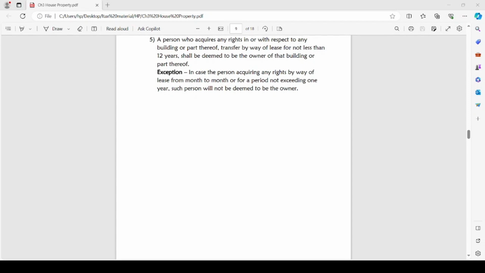If the lease is continuous, he will be considered as deemed owner of the property. If the lease has been executed in parts for the same property, even though the total period is not less than 12 years, then he shall not be considered as the deemed owner.